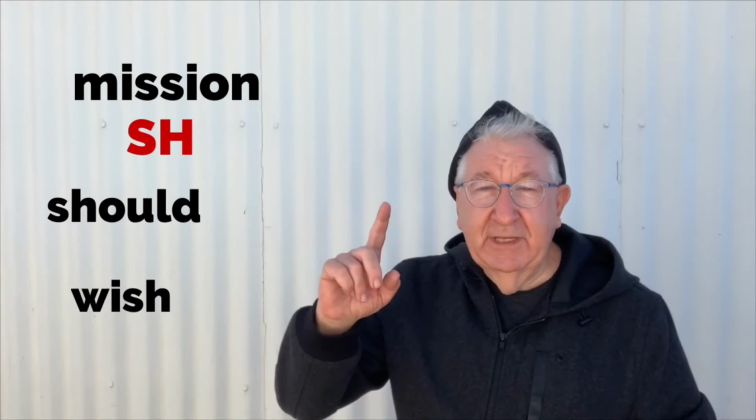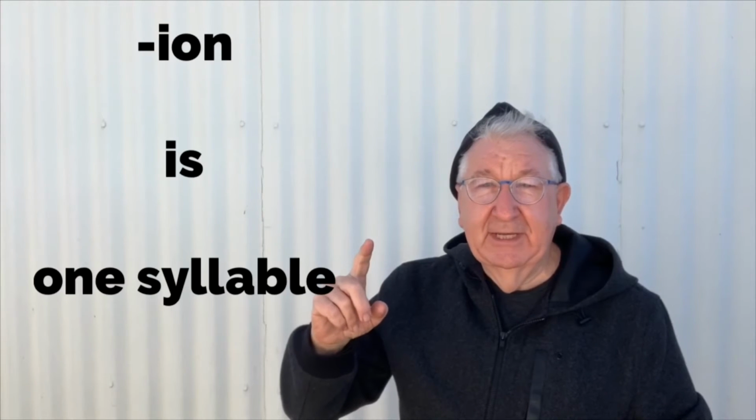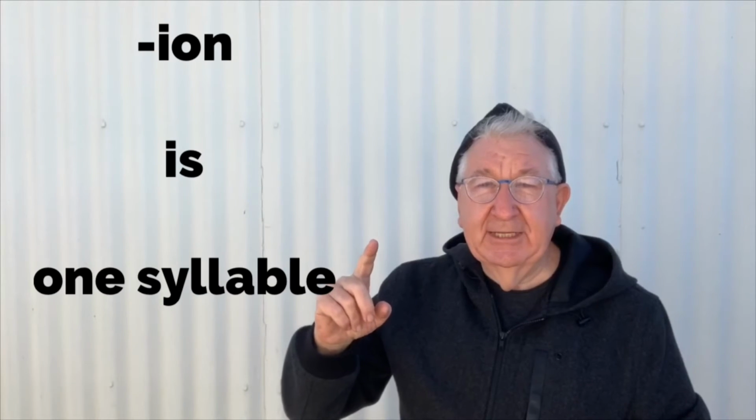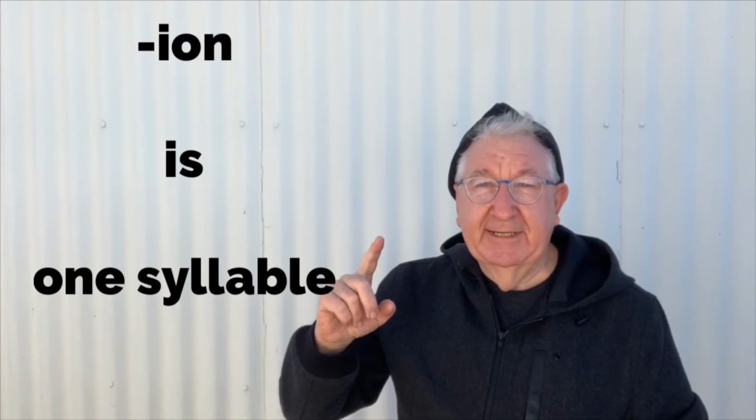So we've got mission, only 2 syllables. The ION in English is always just 1 syllable. Yun, mission. Let's practice some other words that end in ION in English.